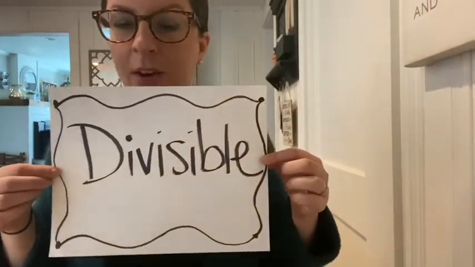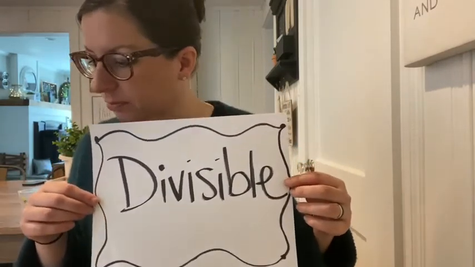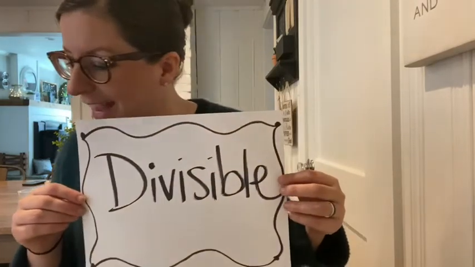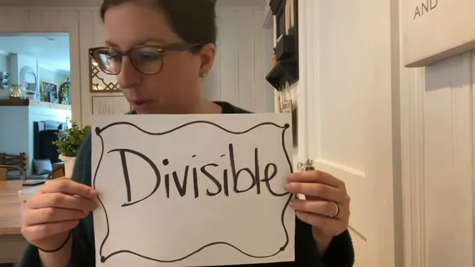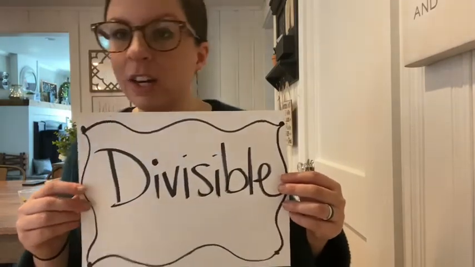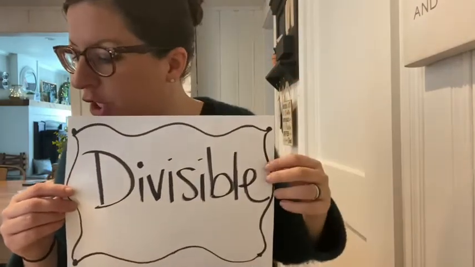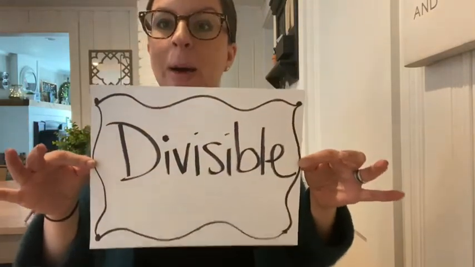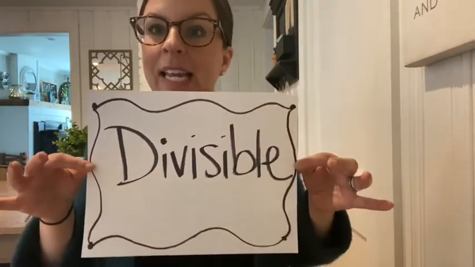divisible, okay? If you look into your book on page 402, it says on the top under Learn, when you divide a number by 10, as an example, and the remainder is 0, that means there's nothing left over, you say that the number is divisible by 10. What that means is it goes in evenly.